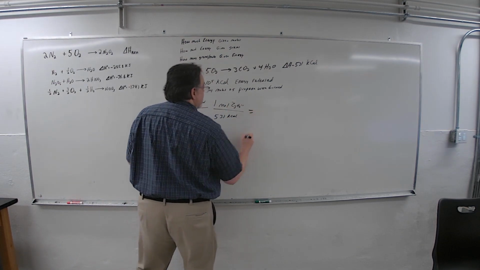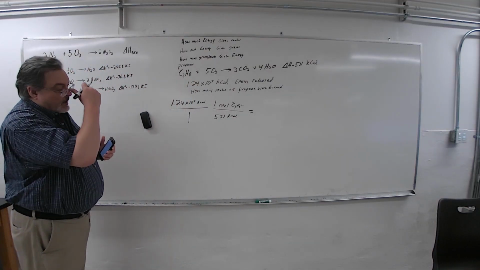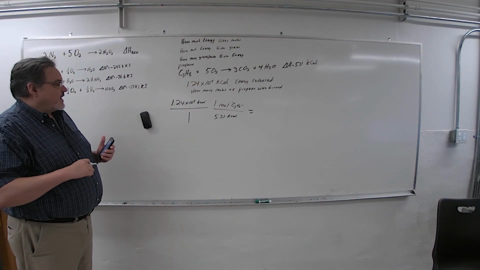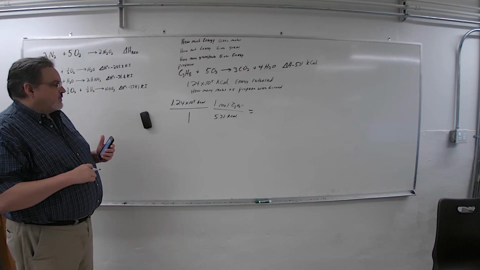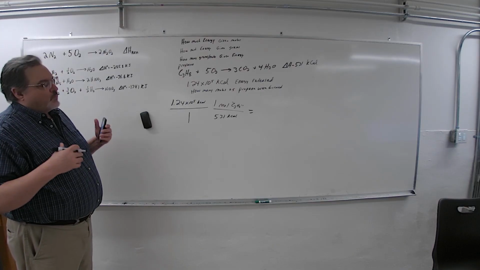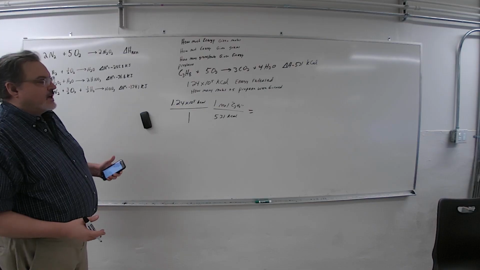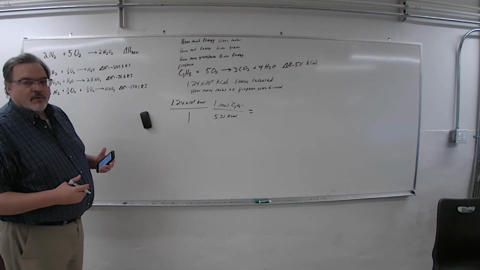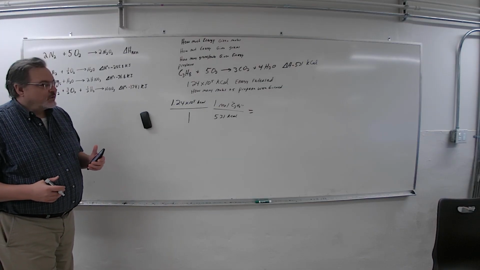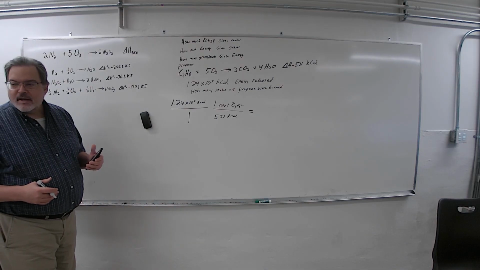And that'll tell you how many moles. 1.24 divided by 531, whatever that comes out to be, times 10 to the 5, will give you the moles. You guys okay with that?